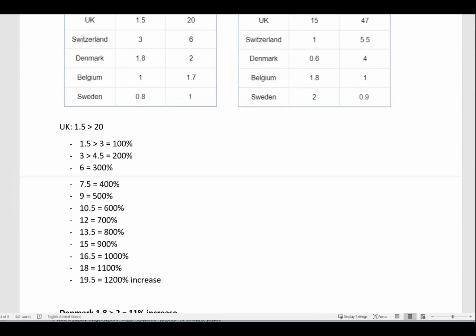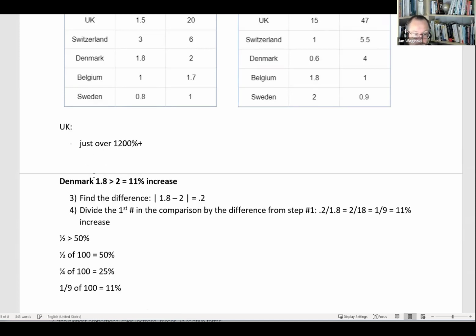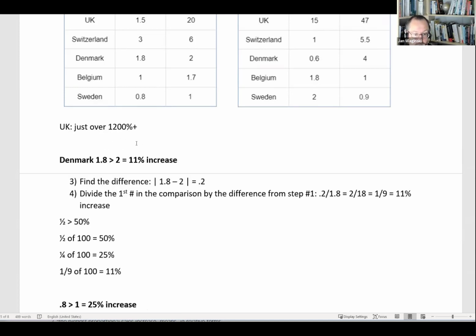Did somebody check these with a calculator? 3, 4.5, 6, 7.5. That's just over. So again, I'm not deleting the original, I'm just copying this.